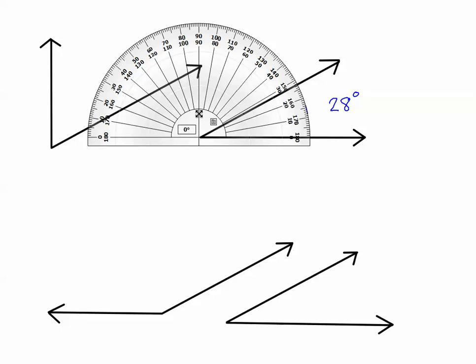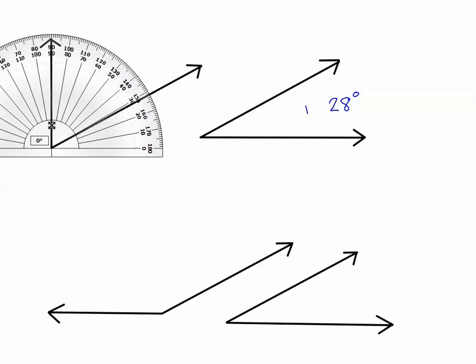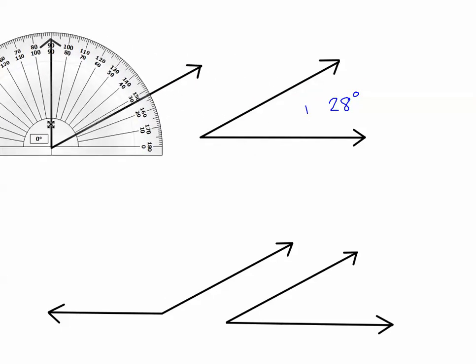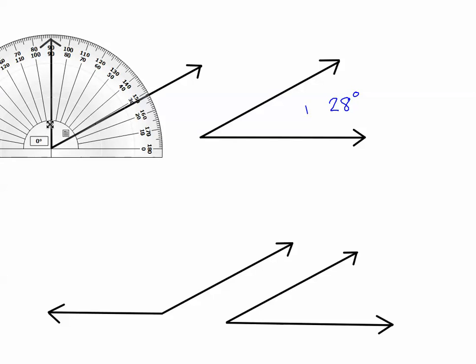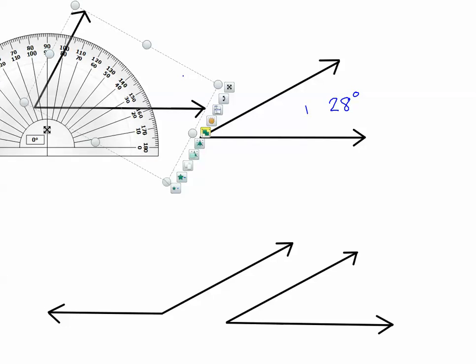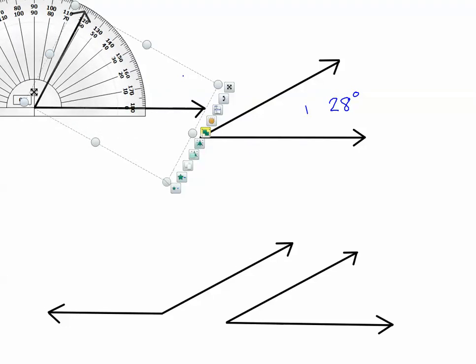Let's measure the other angle. So to measure this other angle, I'm going to have to turn it because I need one of the sides to be along the horizontal of the protractor. So here I have 0 degrees, 10, 20, 30, 40, 50, 62 degrees.